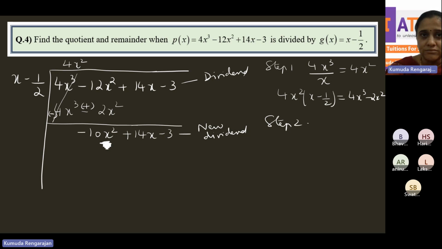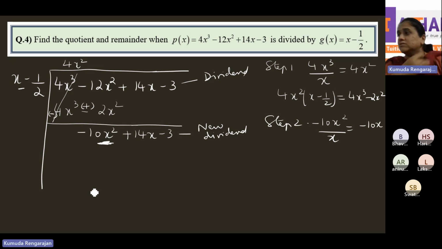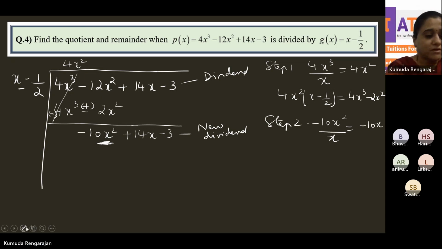Divide the first term of the new dividend by the first term of the divisor, same as what we did earlier. So it will be minus 10x squared divided by x, which is minus 10x. Correct, children?